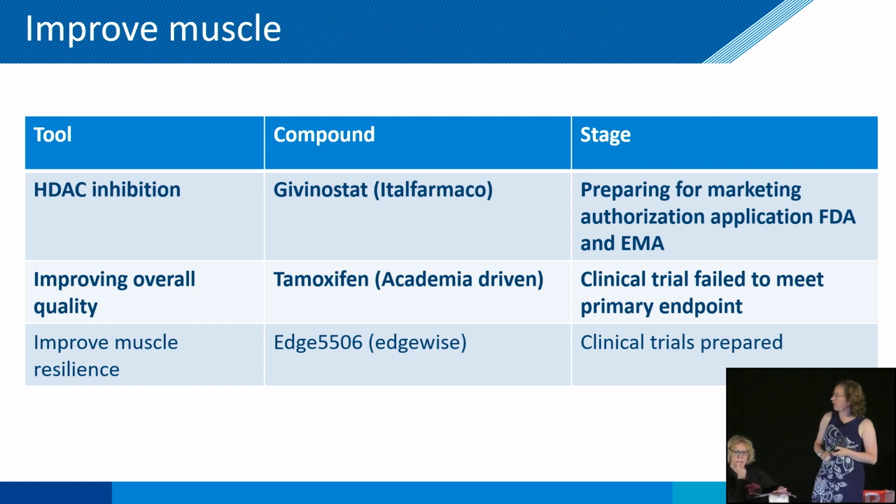And last year, Italfarmaco presented the results on givinostat, and that trial did meet its primary endpoint. And as Pat already also mentioned, the NDA, the new drug application, has been accepted by the FDA, and the verdict will be December 21st, I think. So that is good news.